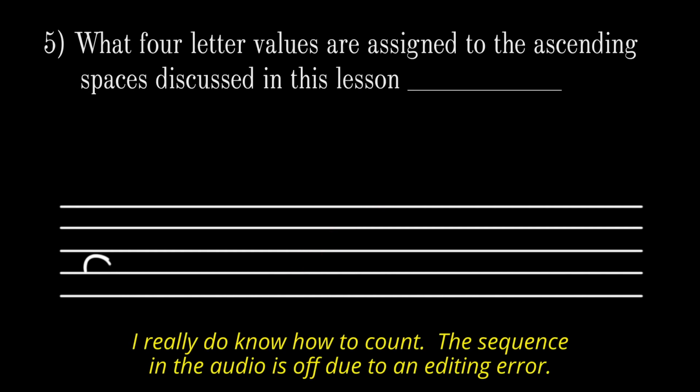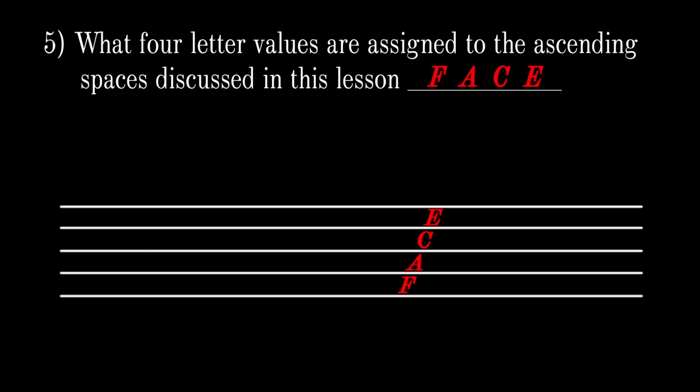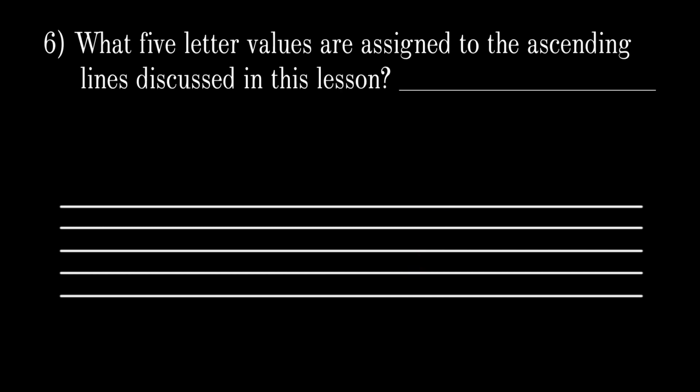Number 4, what 4 letters are assigned to the ascending spaces discussed in this lesson? F, A, C, E. Number 5, what 5 letters are assigned to the ascending lines discussed in this lesson?